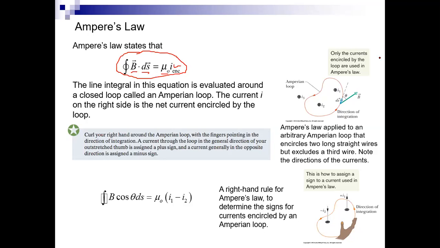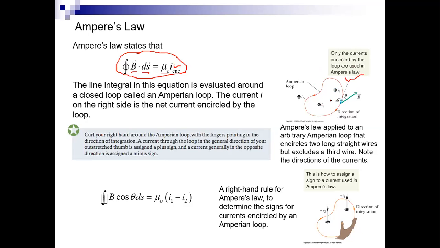Here one of the examples is given. Three wires are given here, I1, I2, and I3. Two are inside our considered imaginary loop. Here we have considered a very small differential length, and we are going to determine the magnetic field inside that imaginary loop due to these two wires.